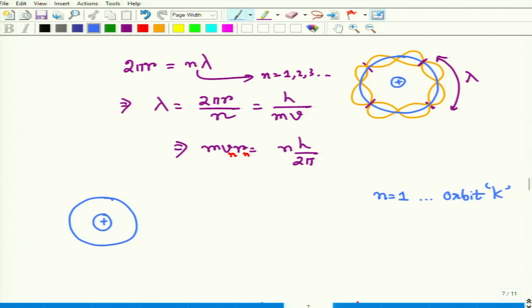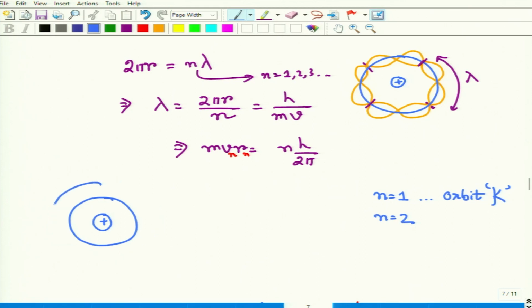Okay, let me check whether it is small k or big K. Okay, this is the big K, so we should write it. Let's say these are totally spherical, circular orbits.